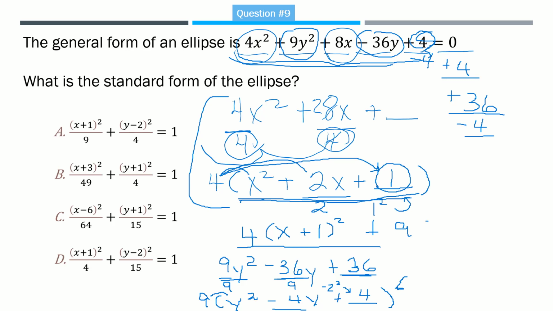Let me factor that back out again. (y minus 2) squared equals, now all I have to do is add these numbers up. 4 plus 36 minus 4 is 36.